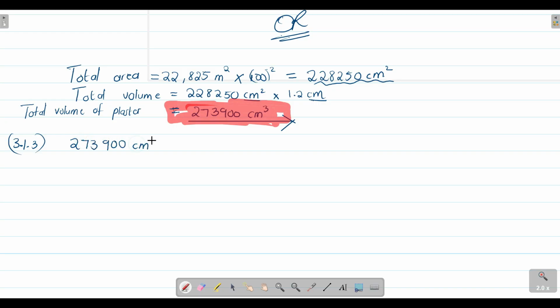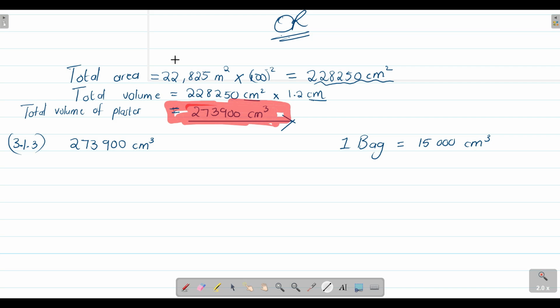We already know that the total volume of the plaster needed is 273,900 centimeters cubed, and we know that one bag is needed for every 15,000 centimeters cubed. So we want to determine, if we need a volume of that amount, how many bags will we need. We can literally use this equation. One person can just take the 273,900 and divide it by 15,000 centimeters cubed, and the centimeters cubed will cancel, and whatever answer you get gives you the number of bags you'll need.